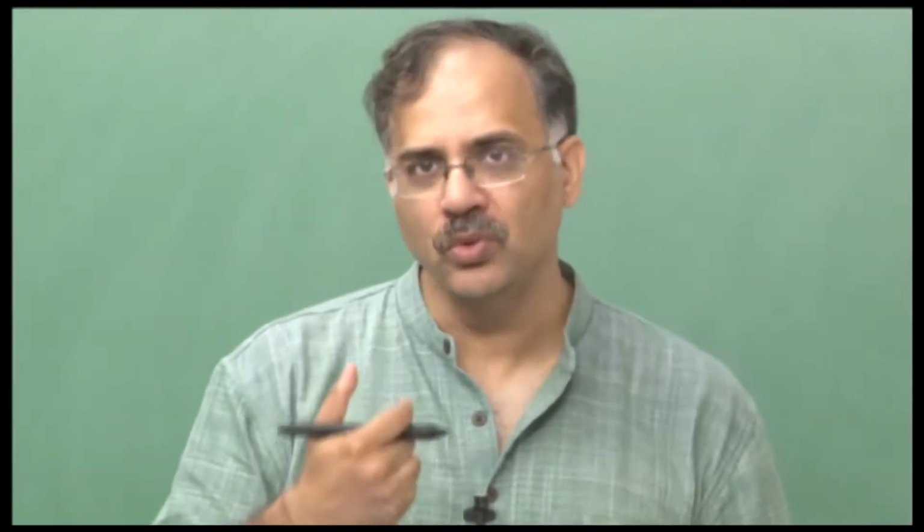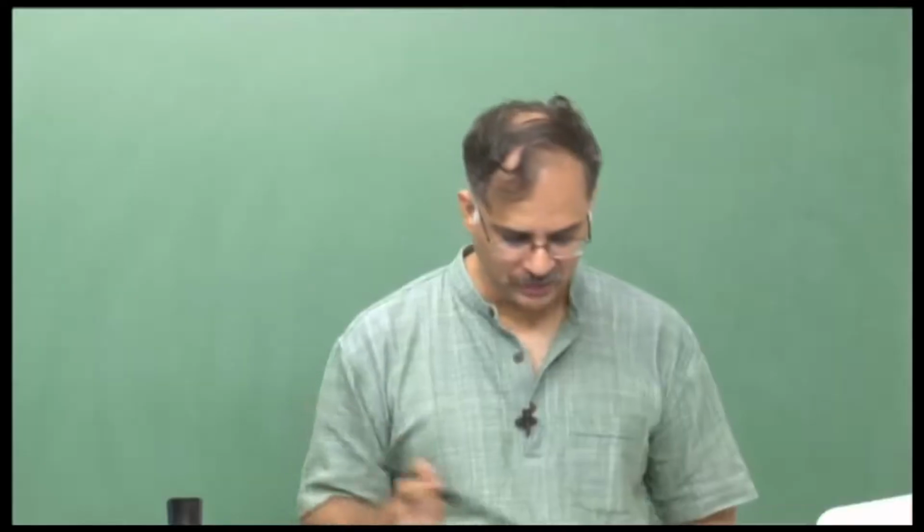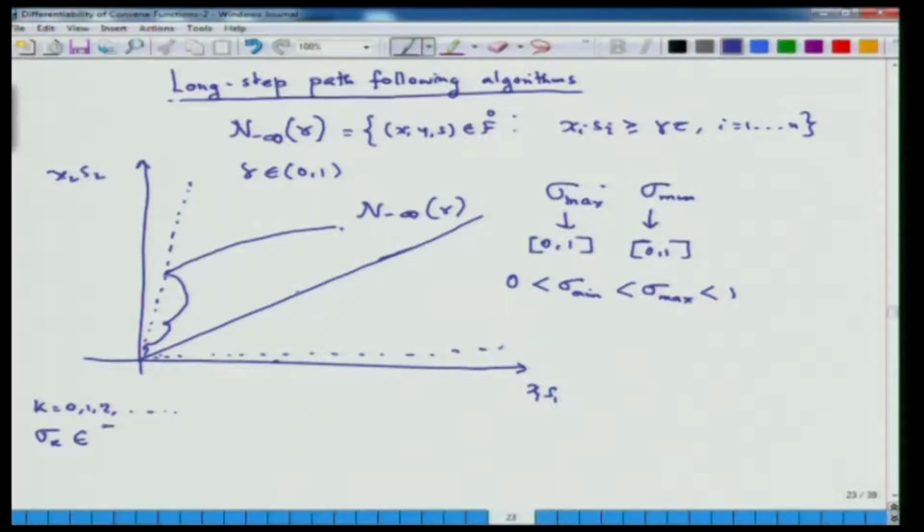This long step path following algorithm takes you closer to algorithms which are of more practical use. One of the most important such algorithms is Sanjay Mehrotra's predictor corrector algorithm. Here sigma k is chosen from this set of values, between sigma min and sigma max, and again using the chosen sigma k, find the delta values.